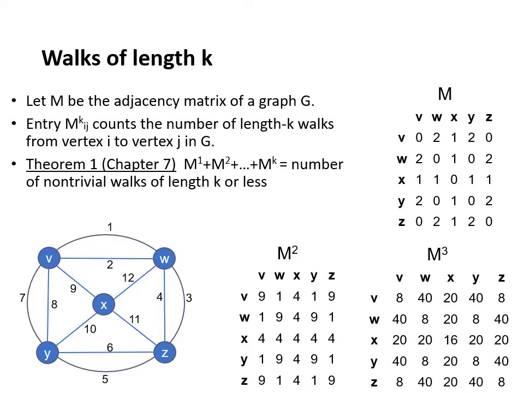So if you look at this example graph, let's, for example, see how many non-trivial walks of length 2 there are between V and W. There should be only one such walk. Let's look at the graph. Here's V, here's W. And indeed, the only walk of length 2 is this one.